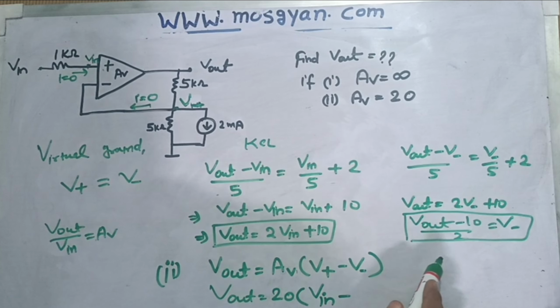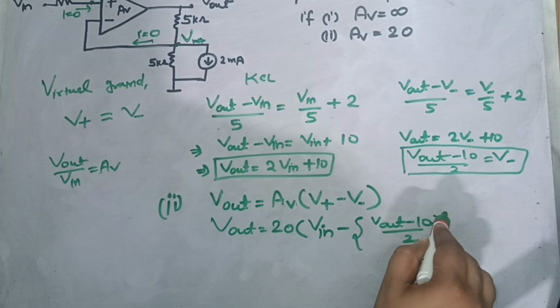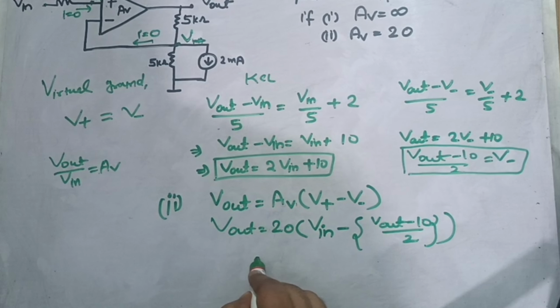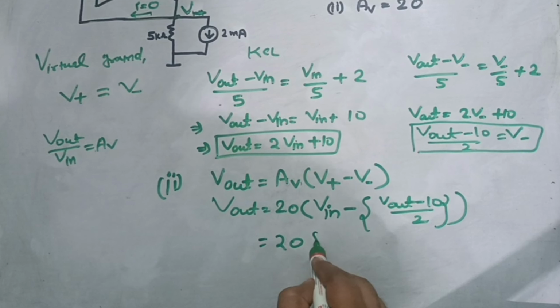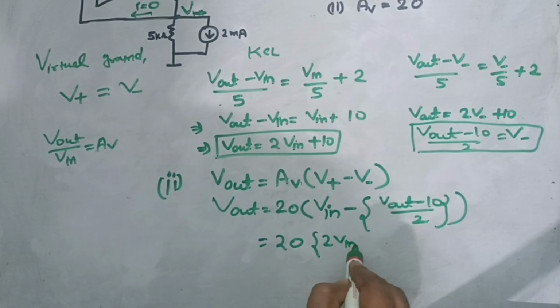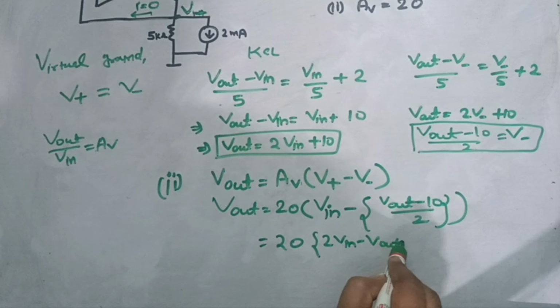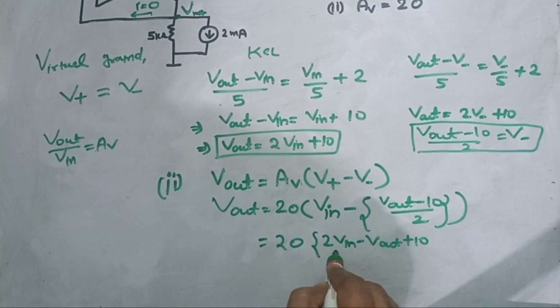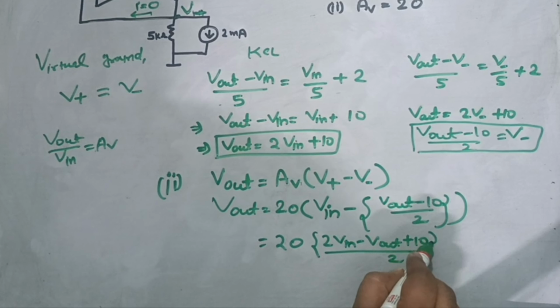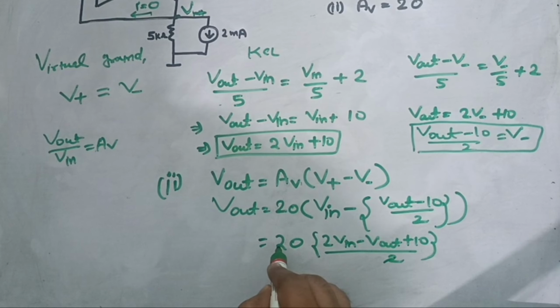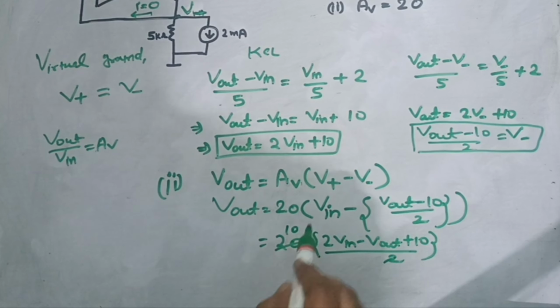So I can replace V plus with V in, minus the negative terminal voltage, which I can write as (V out minus 10) divided by 2, and again this bracket. So 20 times this will become twice (V in minus (V out minus 10) divided by 2), and the 2 will cancel out and we'll get 10 here.